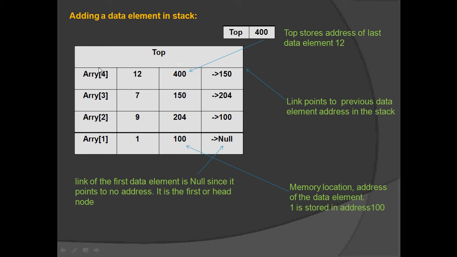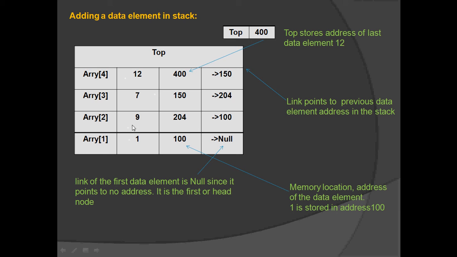Here you can see that there are five elements. This is the top, which points to the address of the last link. These are the data values stored in each element.